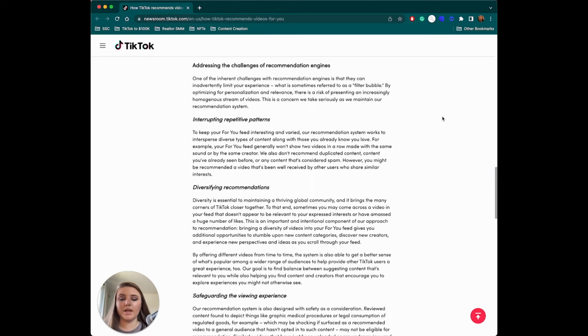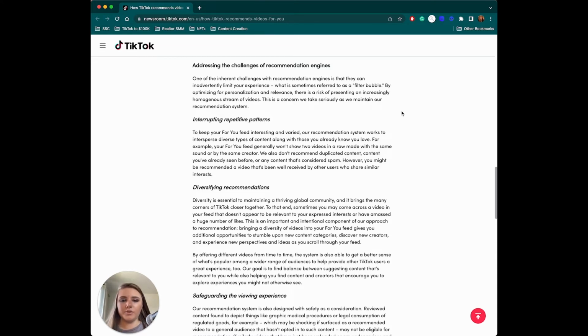One of the ways they are tackling this concern is by trying to keep the For You page interesting and varied. They take content that the user likes a lot. Let's say they're only liking dog videos. They're going to show that user a lot of dog videos, but they're also going to mix in new types of content to see if they like that content as well.